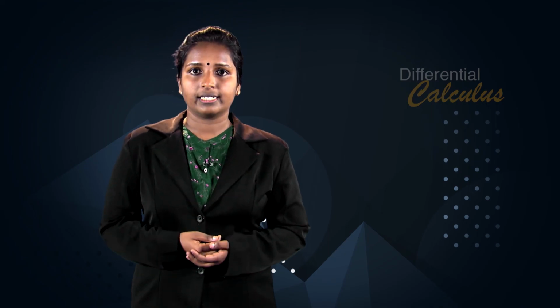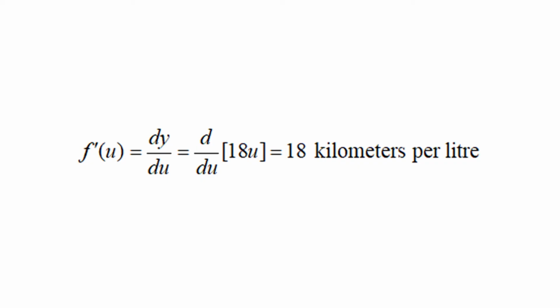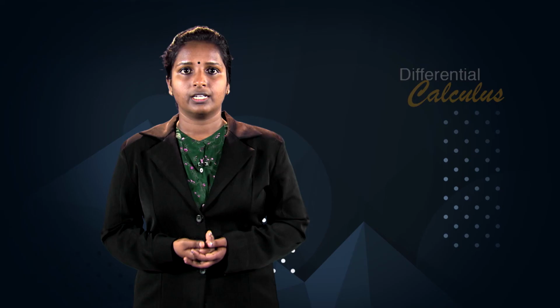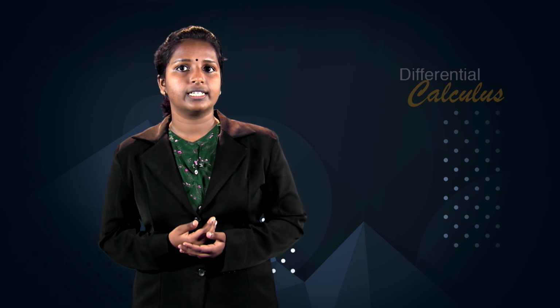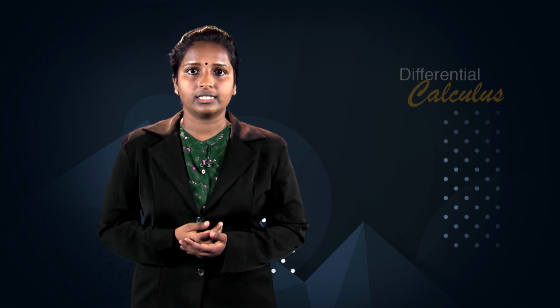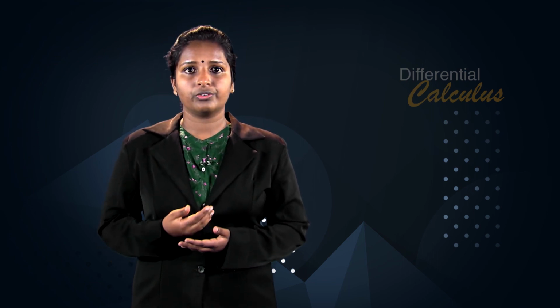Now, by applying the constant multiple rule, we obtain f'(u) = dy/du = d/du of 18u = 18 km per liter. That is, 18 km per liter of petrol is the rate at which your mileage changes with respect to the amount of petrol you use.